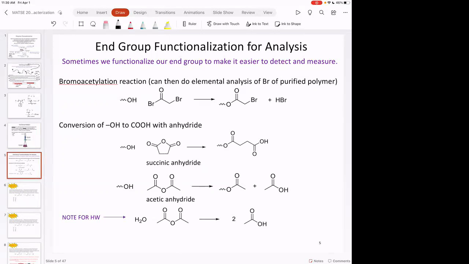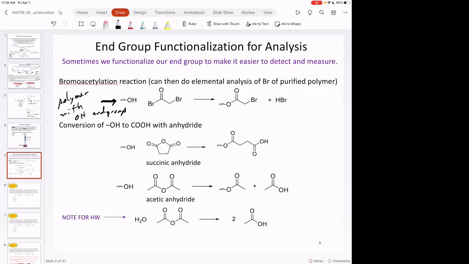So really nice reactions for end group functionalization. If we have a polymer with an OH end group, so this is some sort of alcohol or phenol group, and from organic chemistry alcohol protons are a little bit hard to see in NMR, right?